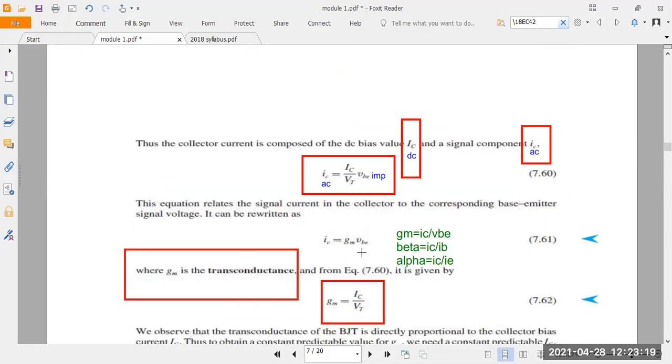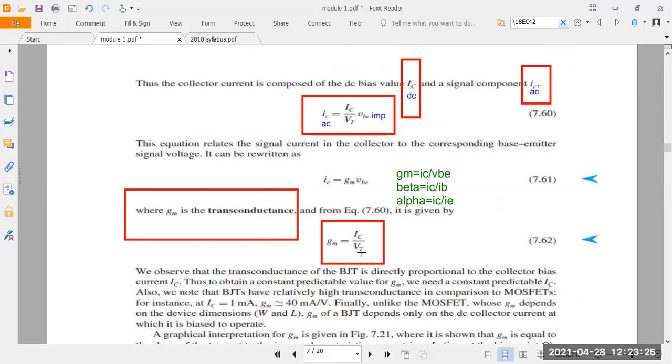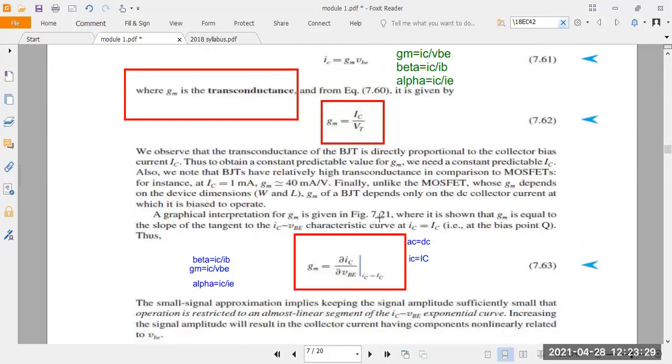Understood? After that, you take gm, which is nothing but IC divided by VT. So you take output current divided by VB. Understood? Same thing you can express here with respect to change in the current and change in the input voltage when AC current is equal to DC current for the collector side. This is the final equation for delta IC divided by delta VB. Understood?